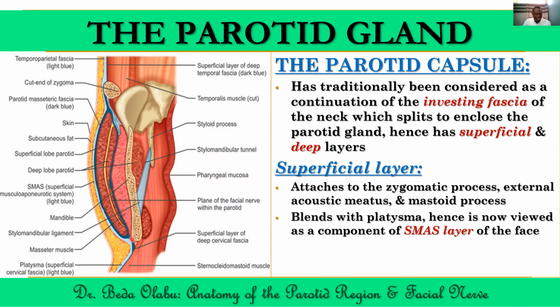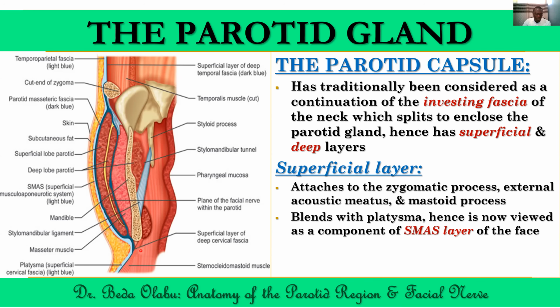Perhaps this can remind you of that concept. So that light one is the one that we are following. It's the one with the platysma, and we can see that it actually continues there as part of the superficial musculoaponeurotic system of the face.